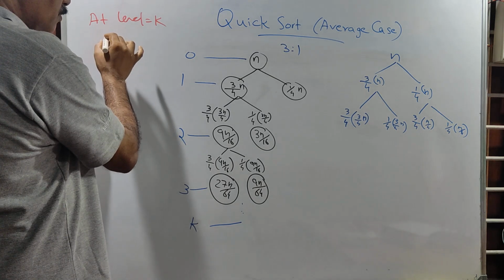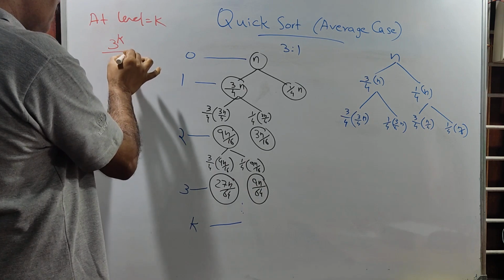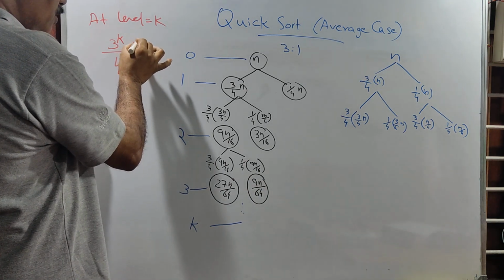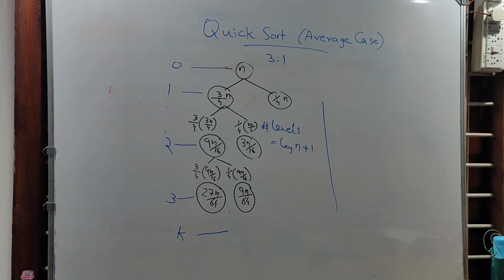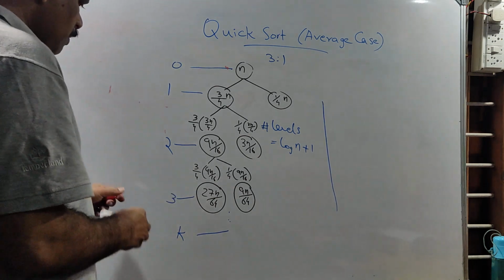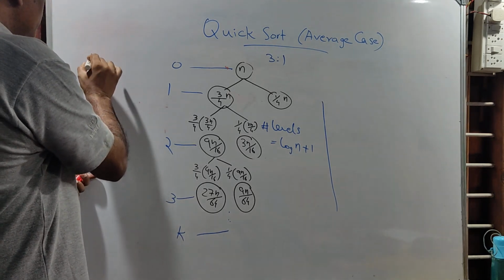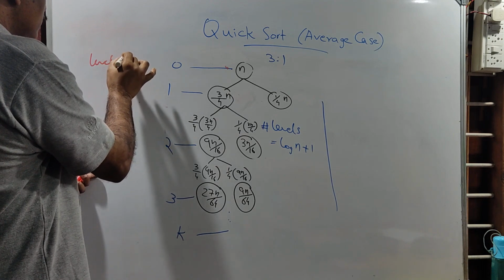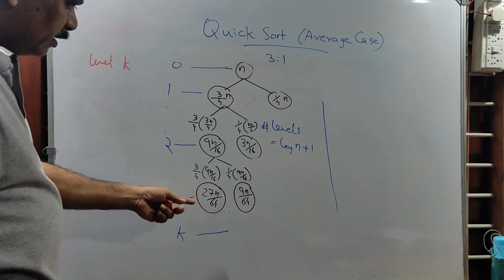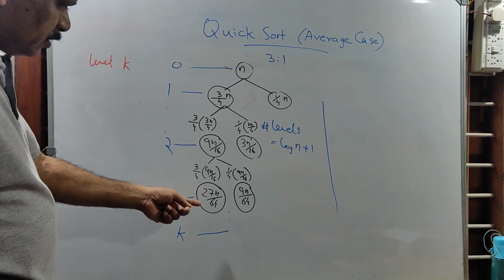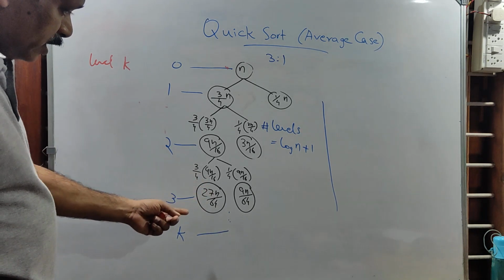So it is 3 raised to K by 4 raised to K into N. At level 3 it will be 3 raised to 3 by 4 raised to 3.